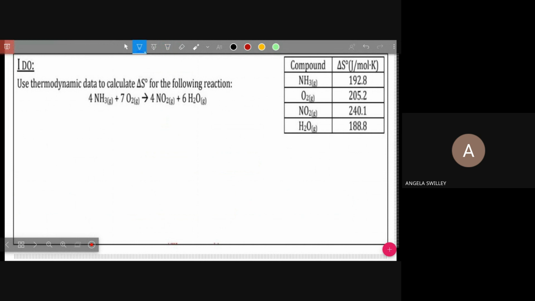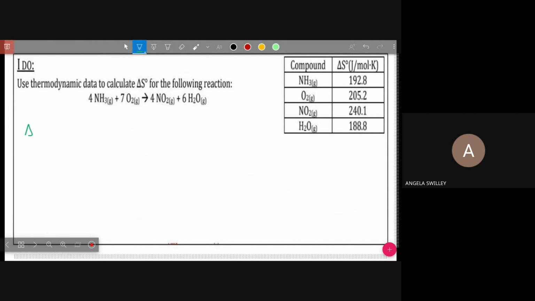Let's go ahead and work this problem out. It says use thermodynamic data to calculate delta S for the following reaction. It gives us the reaction, and then it also gives us the standard entropies of the different compounds.